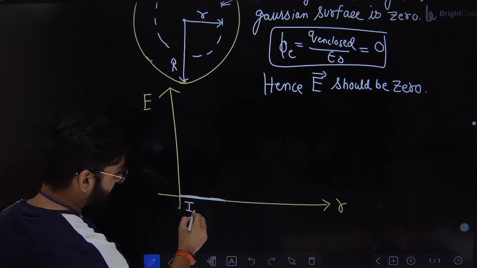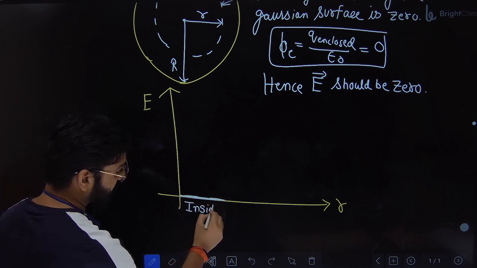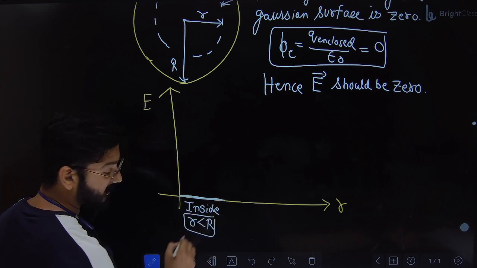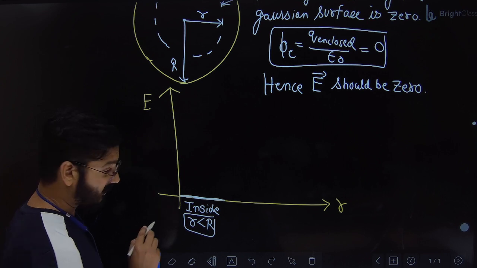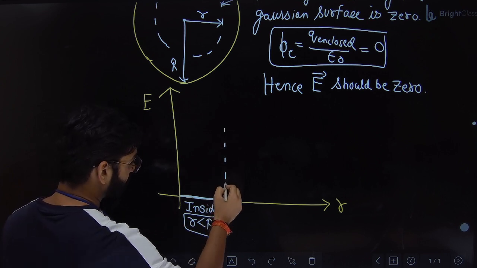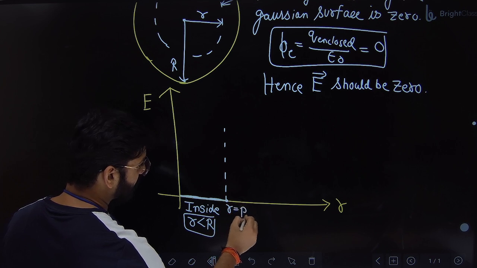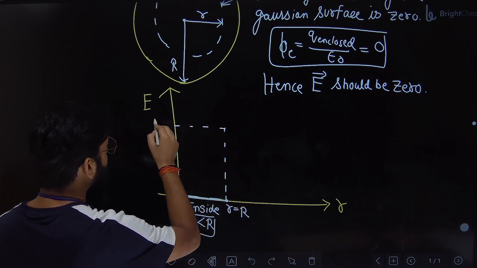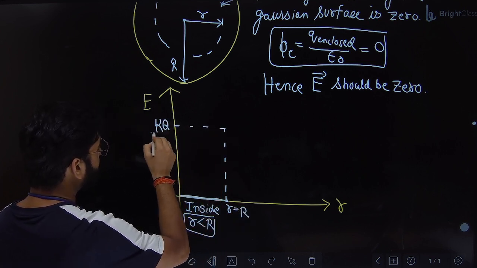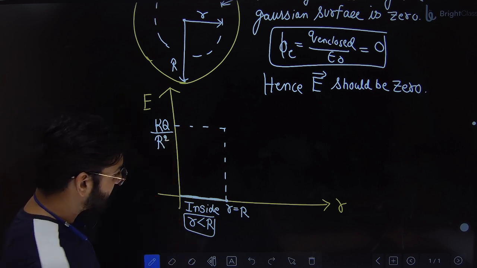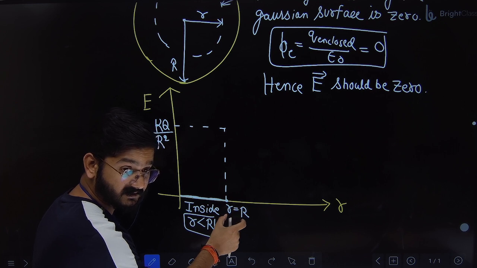Inside means small r is less than capital R, electric field is zero. Now this is capital R, small r equal to capital R. What is electric field at this point? K capital Q by capital R square. So this is basically on the surface.